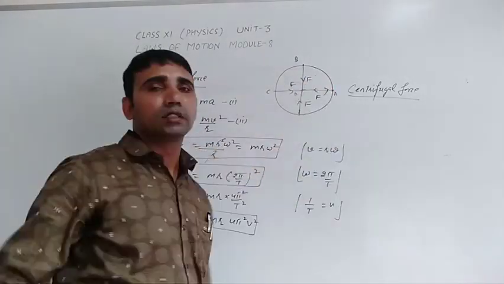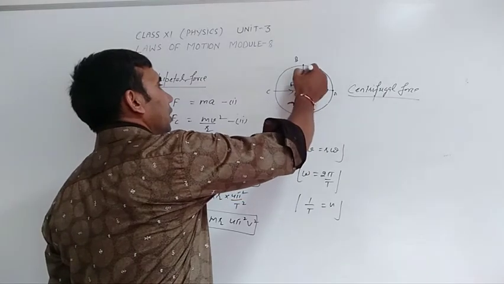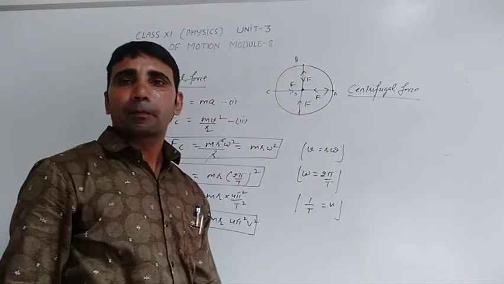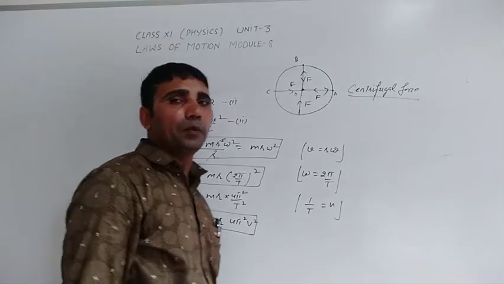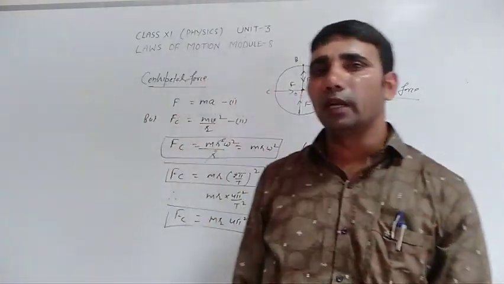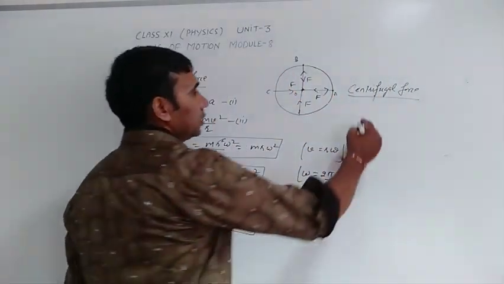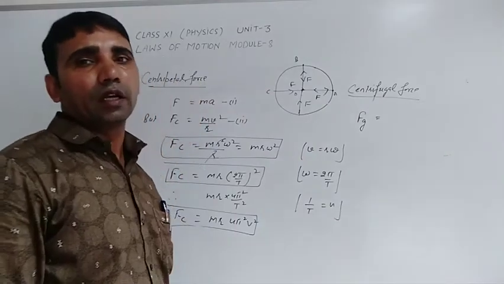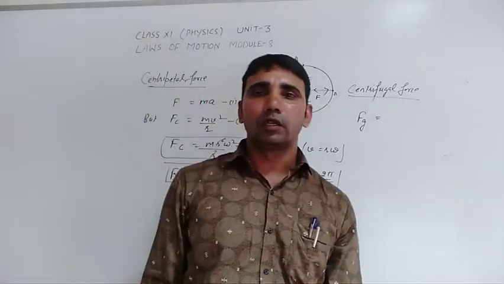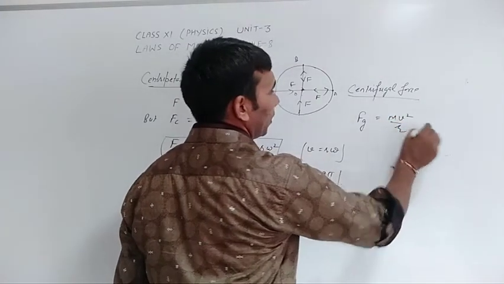Centrifugal force has the same relation as that of centripetal force. So centrifugal force, which we can say is a pseudo force, is equal to m v square divided by r.